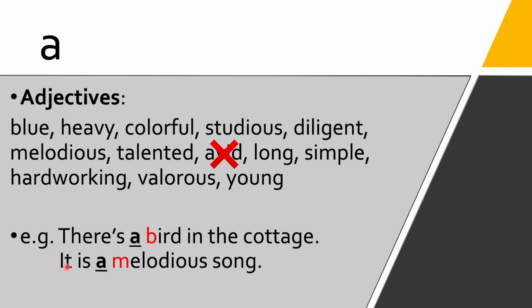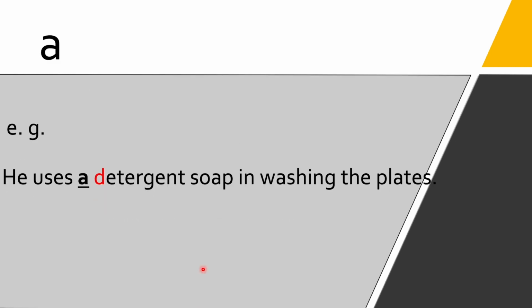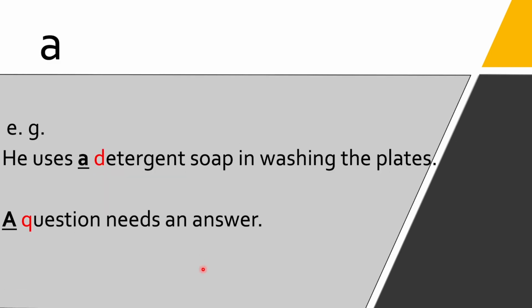Another is, it is a melodious song. So M, consonant M follows the article, the blank here. So we have a here, a melodious. Another example, or more examples, we have here, he uses a detergent soap in washing the plate.